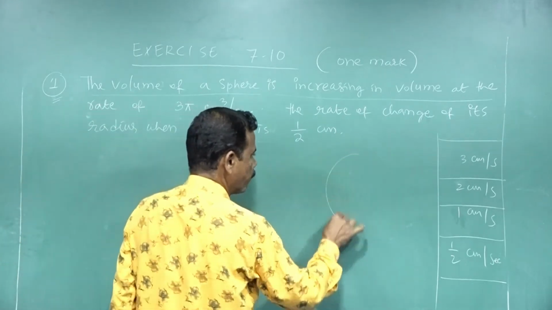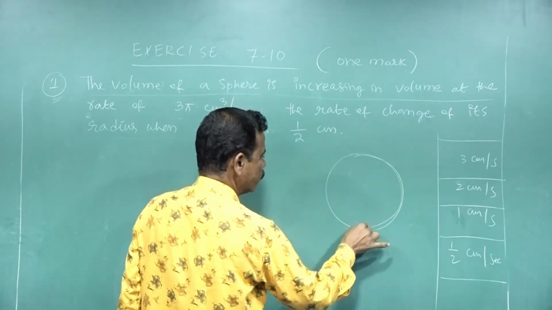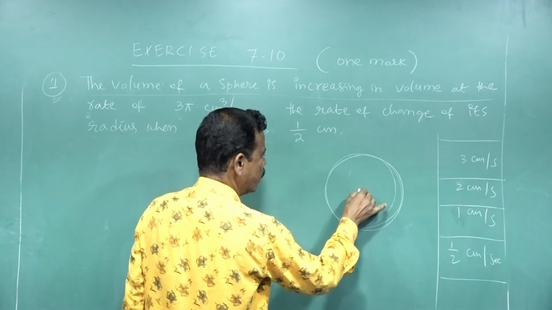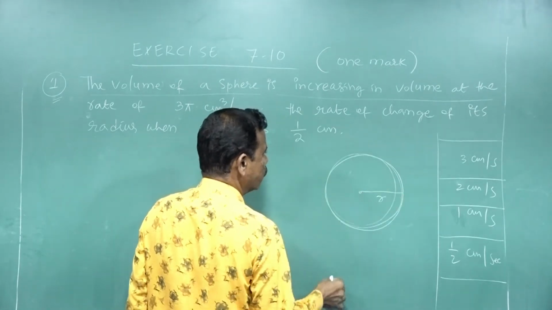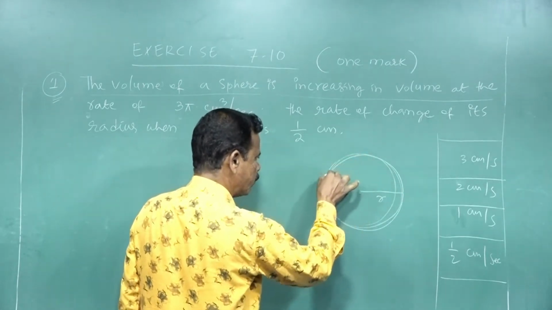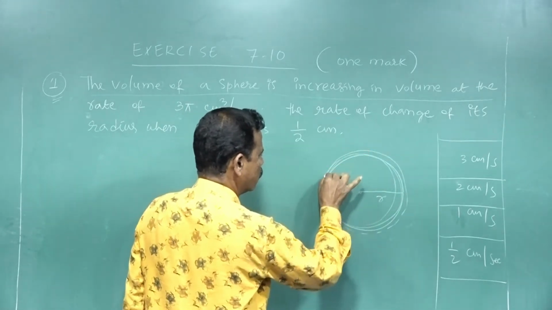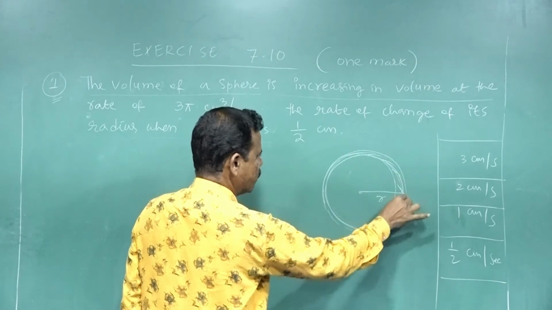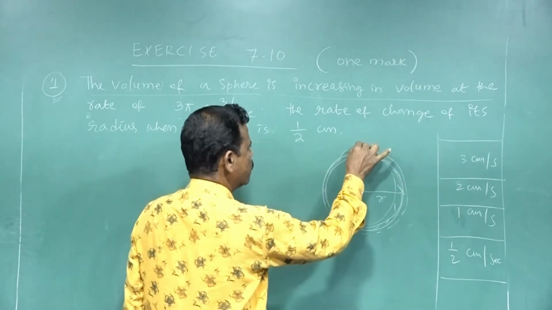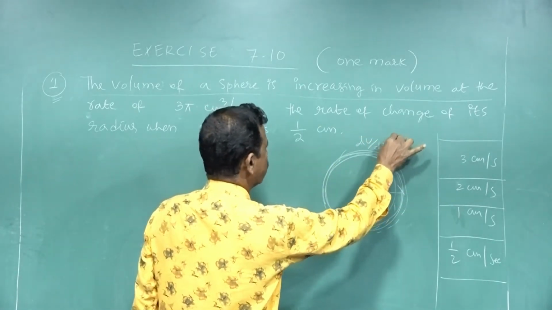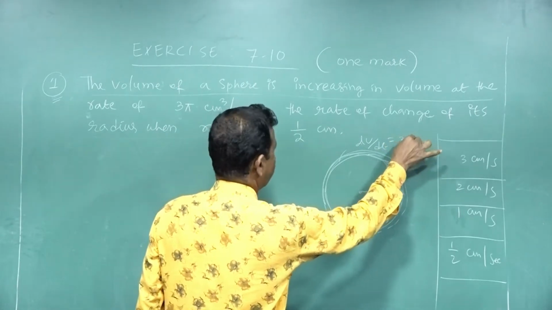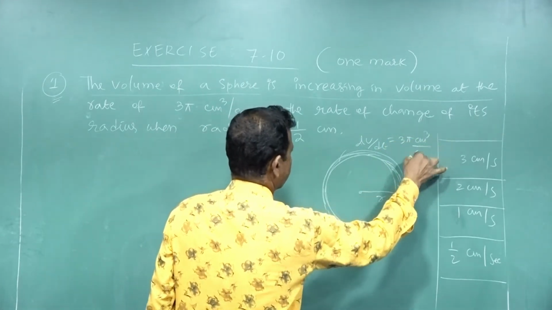Suppose this is the sphere, its radius r. Here the rate of change of volume is increasing. This is dV by dt equal to 35 centimeter cube per second, given.